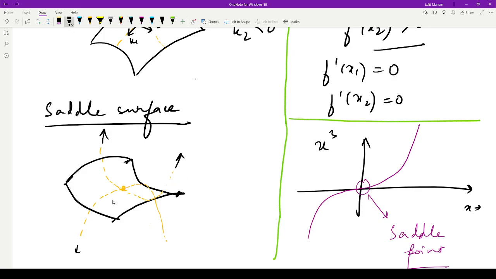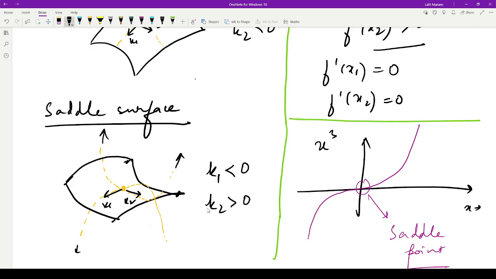So for this direction, if I call it k1, and in this direction, if I call it k2, then k1 is greater than 0 or less than 0? Maxima is less than 0, right?